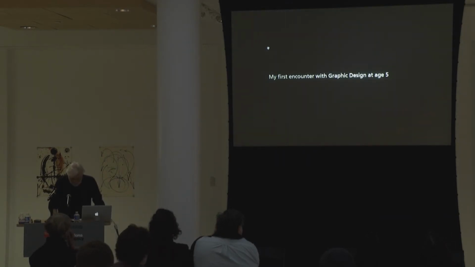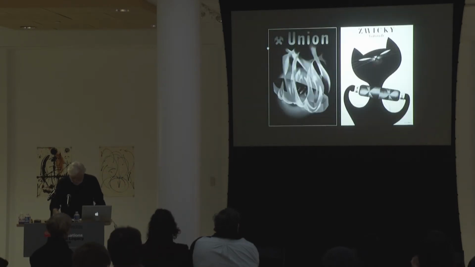During those early years, I remember taking notice of these two posters displayed on a wall across the street from our apartment. Without knowing it, it was actually my first recognition of graphic design. I was completely mesmerized by the depiction of the black cat holding a spool of silk thread and that burning coal.